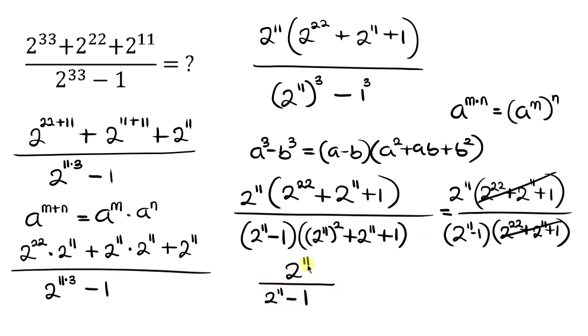Now 2^11 can be simplified as 2^(10+1) all over. We can do the denominator the same way. 2^11 is 2^(10+1) minus 1. Our next step will be for us to apply the property of indices to what we have here and here, and we're going to be doing that on the next slide.